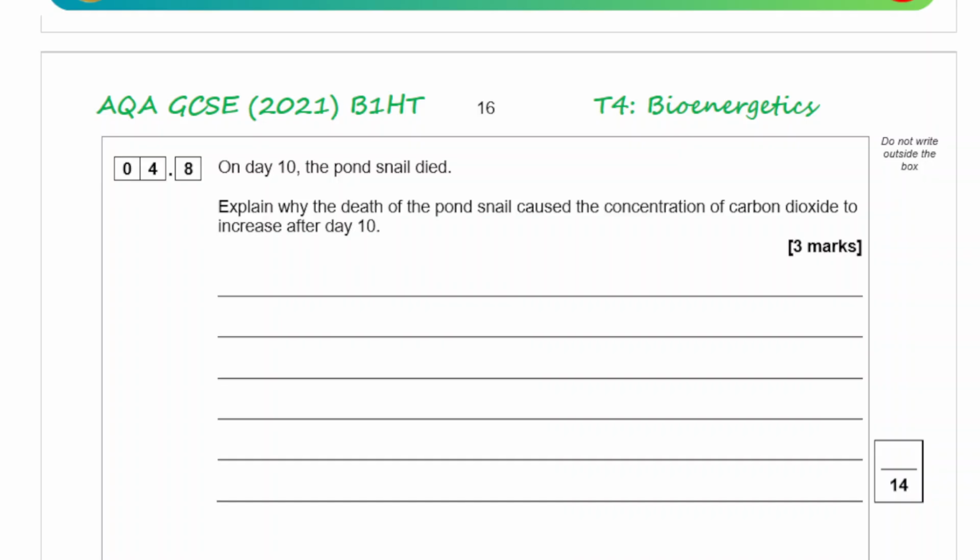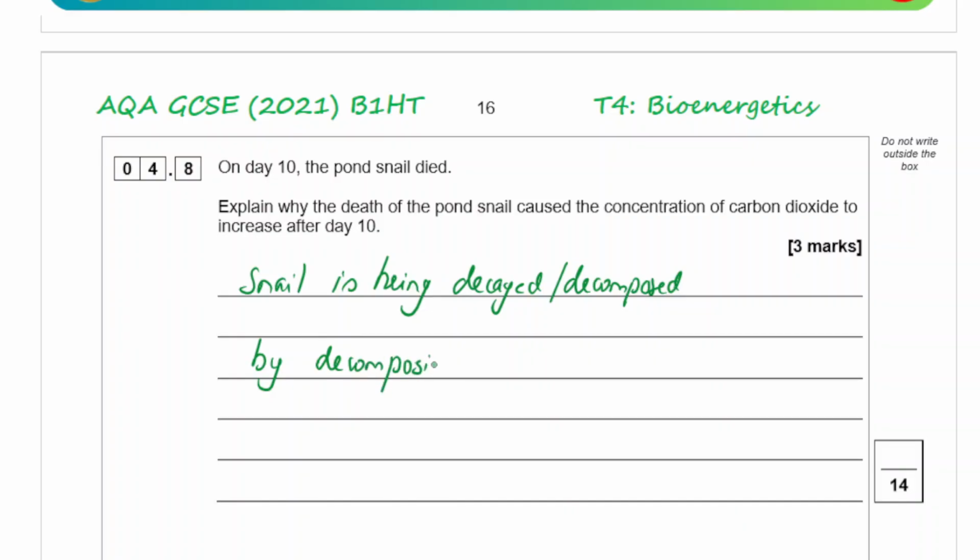So the snail is being decayed or decomposed by decomposing bacteria.